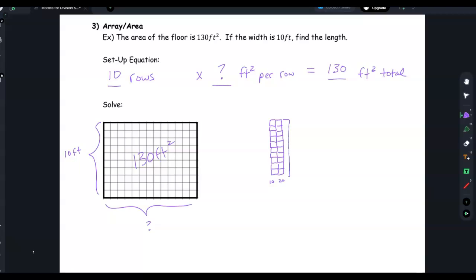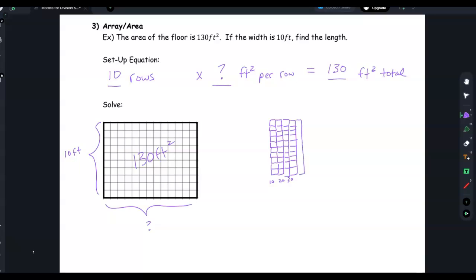I'm going to keep adding 1 more square to each and every row, to all 10 rows, and keep doing this until I get to 130. Now I've got 4 objects in each row, and that gets me to 40 squares.